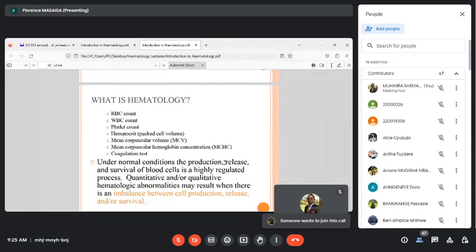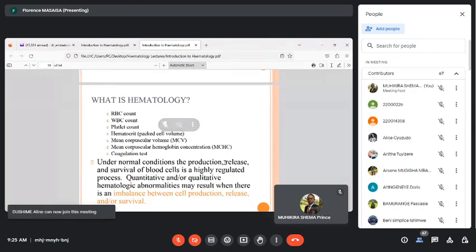So to make a balance between cell production, release, and survival, we should be having control on the production of the cells, survival of the cell, so that this process should be regulated to make the organism to have stable hematological parameters.